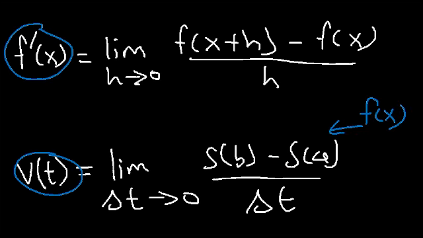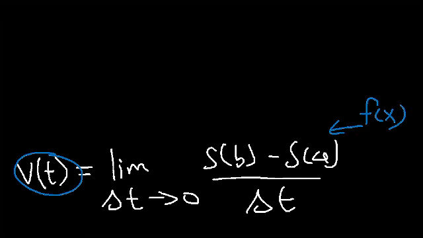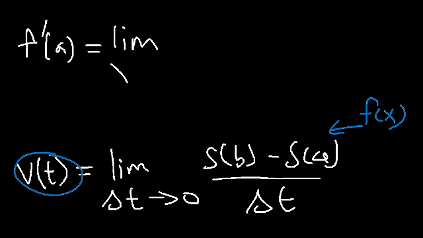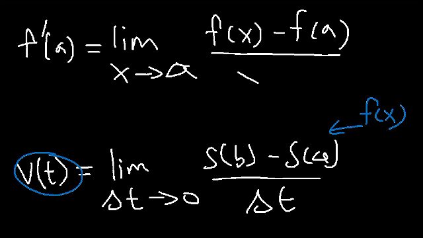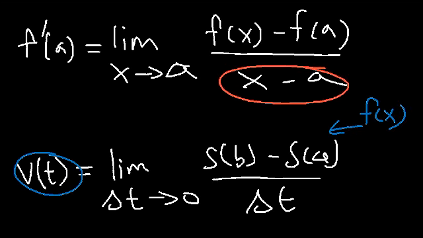Now, this equation also looks similar to the alternative form of the derivative. f prime of a is equal to the limit as x approaches a of f of x minus f of a over x minus a. So as x approaches a, x minus a approaches 0. Let's say a is 3.